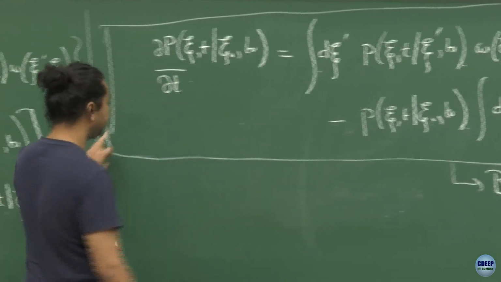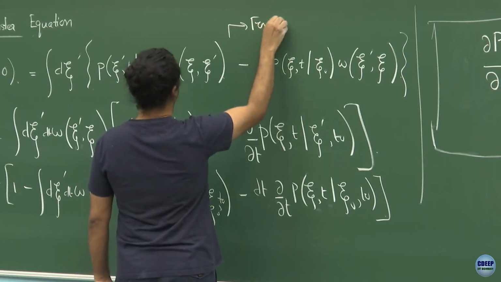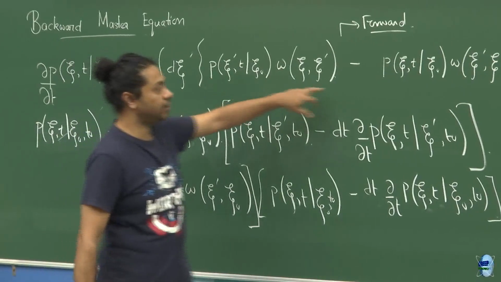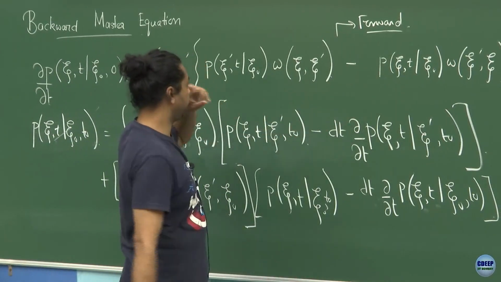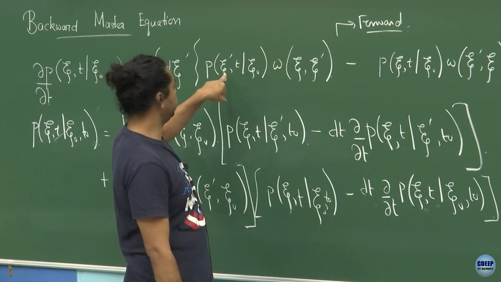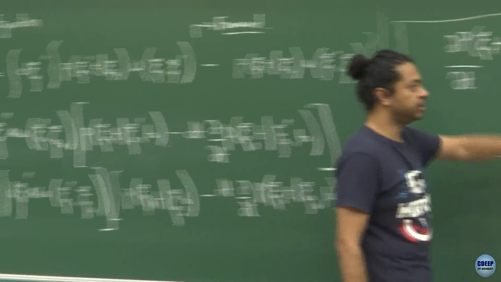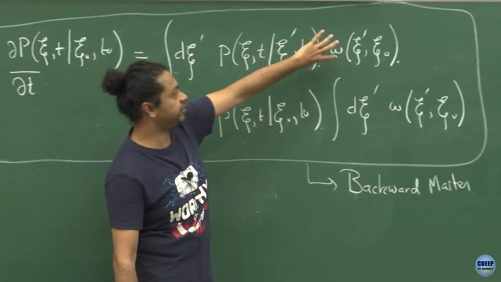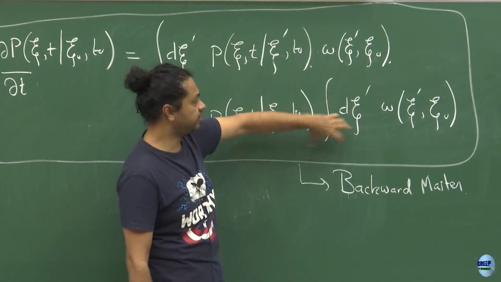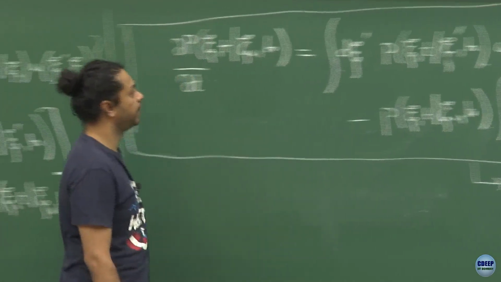So here, unlike in the forward case, I don't have a straightforward gain term and a loss term, where I come into psi and then I go out of psi. But here I have to interpret it in terms of this initial state: this term is where in the first step I had gone to some intermediate state, and this term is where in the first step I had stayed wherever I was, and then I make the transition. Okay.